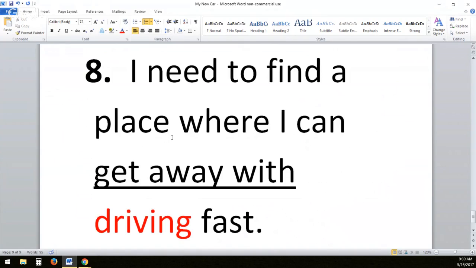And after we use a phrasal verb, if we're going to use another verb, we always need ing. That's really important. I can get away with driving. So if you're going to use a phrasal verb and a verb afterwards, we need to add ing.